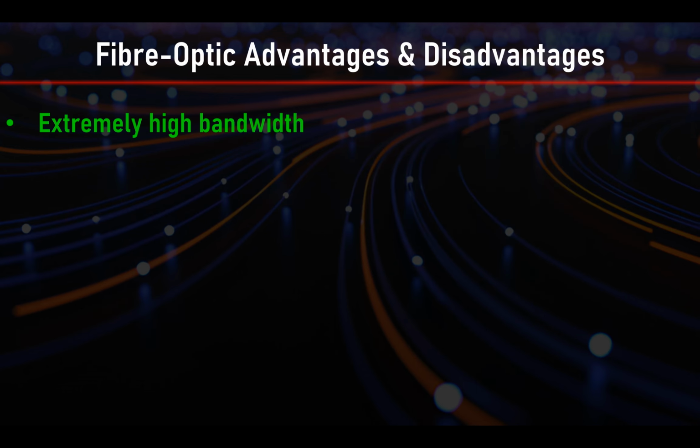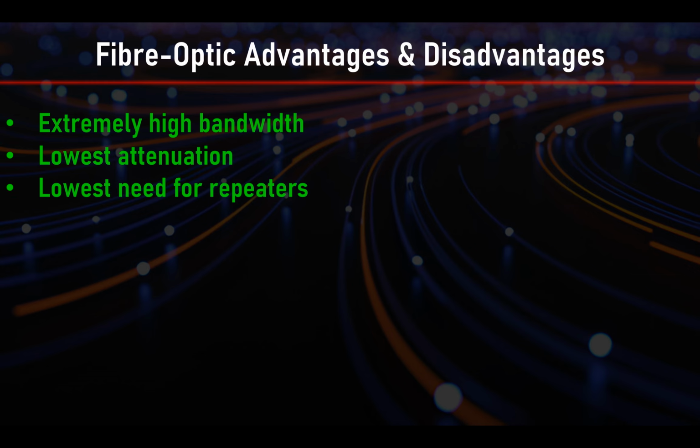Right, then if we just look at the advantages, probably you can guess, extremely high bandwidth. It's also got the lowest attenuation. I think, do we say it only needs a repeater every 100 kilometers? Of course, low need for repeaters. And attenuation and repeaters are just related, since if it attenuates at a low rate, then of course we need few repeaters.